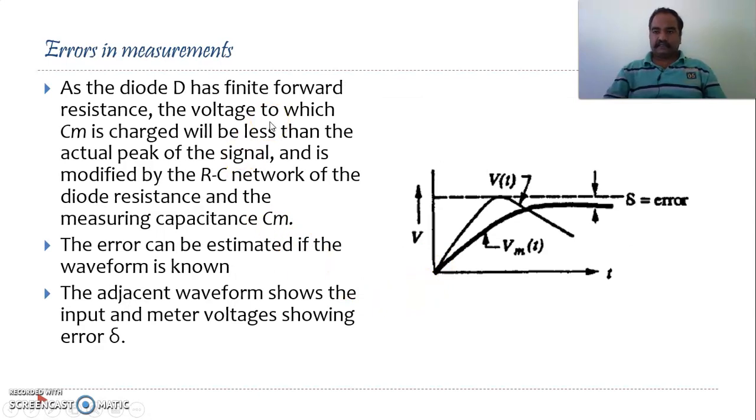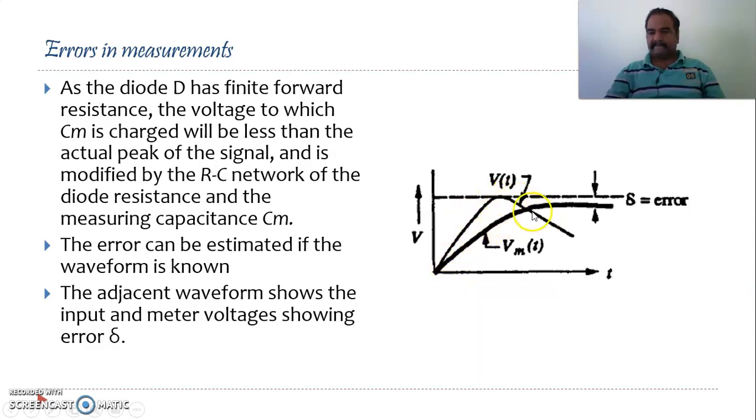And see here that you are using a diode. As a diode has a finite forward resistance, the voltage to which your capacitor is charged will always be less than the voltage which you are applying, even if it is a small value. See here, this is the input voltage V of t, and when the voltage magnitude is increasing, the capacitor voltage is increasing and it reaches a maximum value.